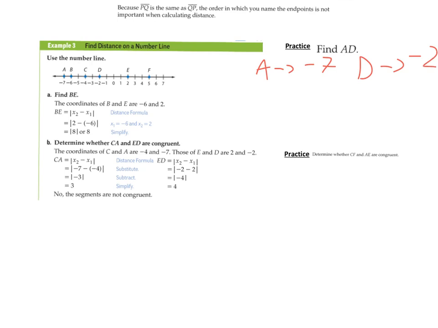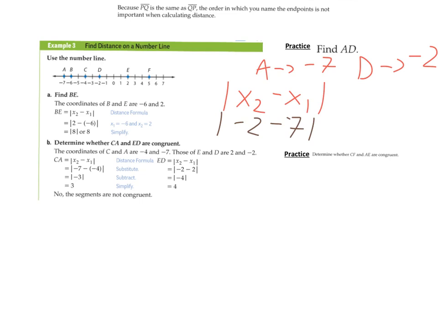Distance formula, absolute value of x2 minus x1. Plug in our values. We have the absolute value of -2 minus a -7.